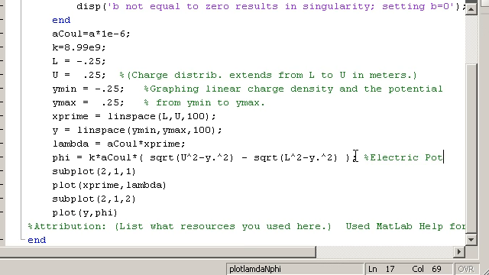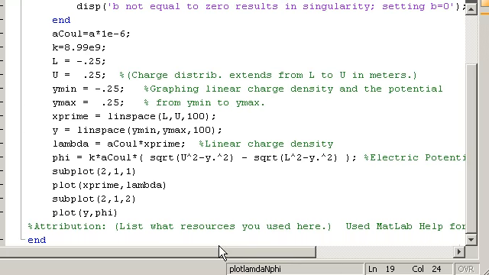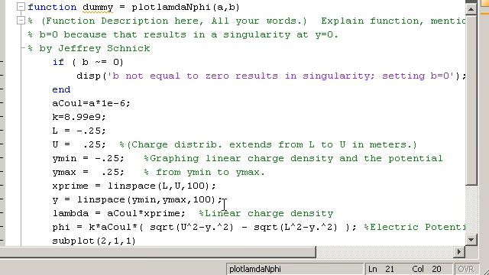Electric potential. Okay. Linear charge density. Alright, I think everything's clear now. So, based on the description, they'll understand why I'm doing that.